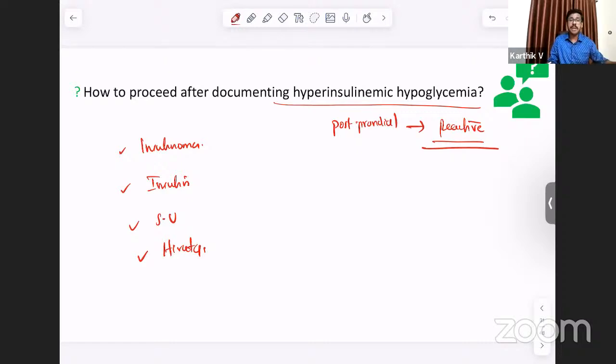Otherwise, you will continue with the fast. Many a time I have had patients whose capillary glucose readings had shown 48 milligram per deciliter, but when we checked the corresponding blood glucose, it was 60 milligram per deciliter. And after 1 hour, the capillary blood glucose, which was showing 48 during the last hour, had risen to 65 milligram per deciliter. So such things do happen.